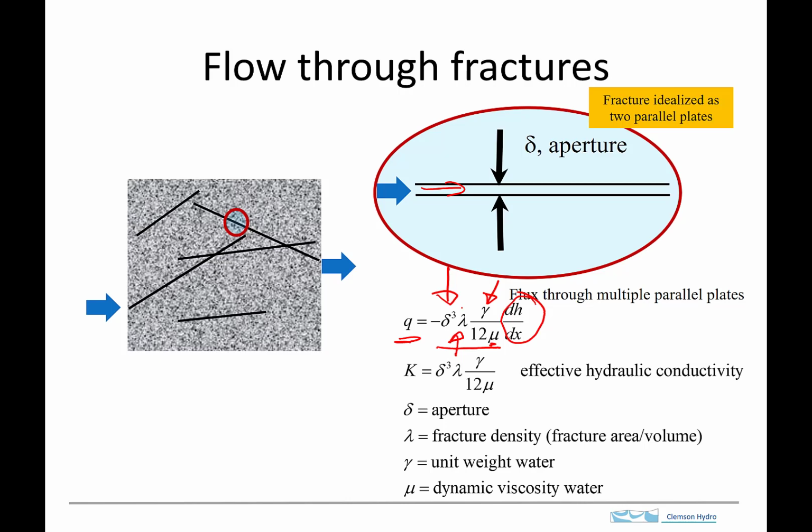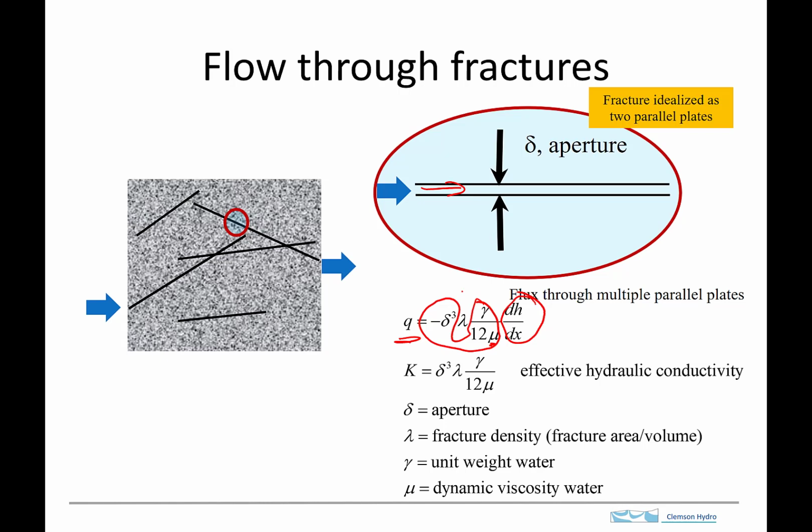So in an ideal case where there's only one fracture, lambda would be 1, and we end up with something that, well, if you just look up the equation for flow through a single parallel plate or a single slot-like conduit, you'll end up with something that may reduce to that.